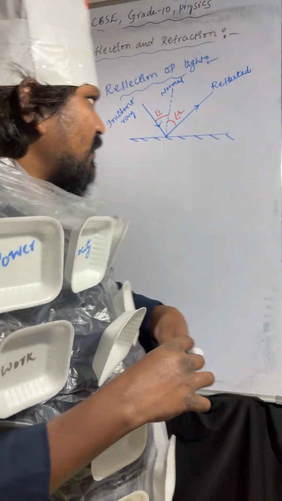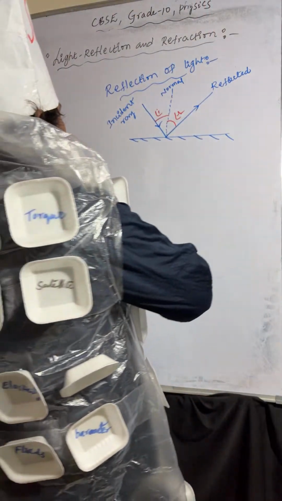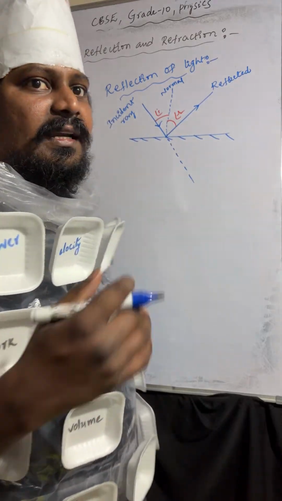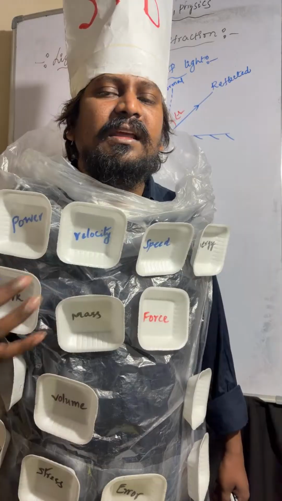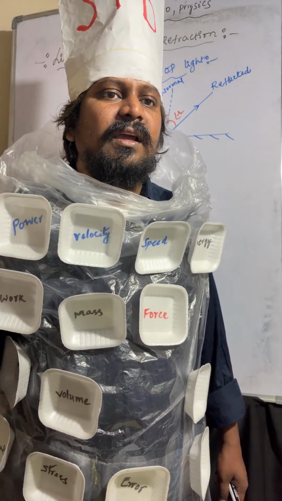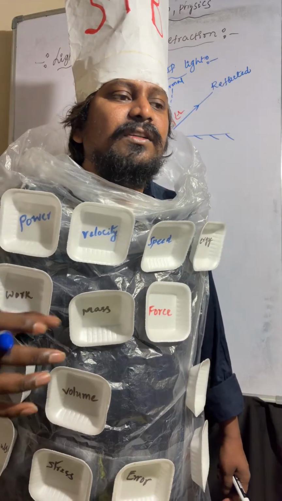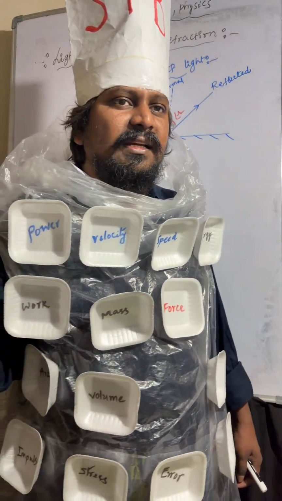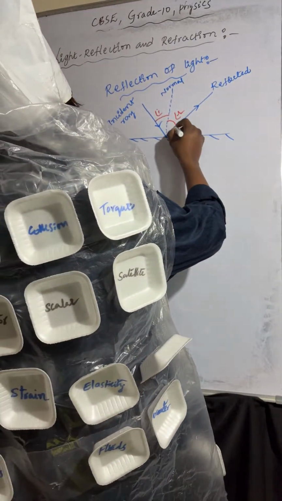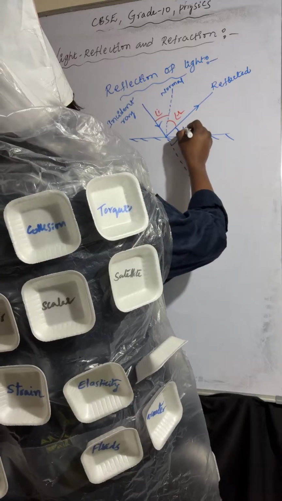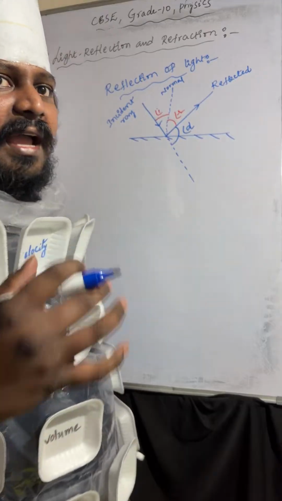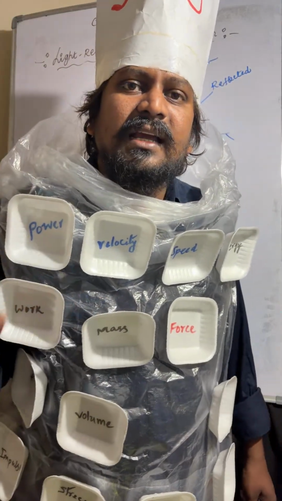Okay, and you can observe, this is the undeviated line. Understood or not? The undeviated line is nothing but the initial direction of the incident ray. The angle between the reflected ray and the undeviated line is called the angle of deviation.